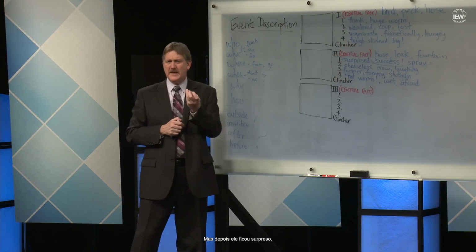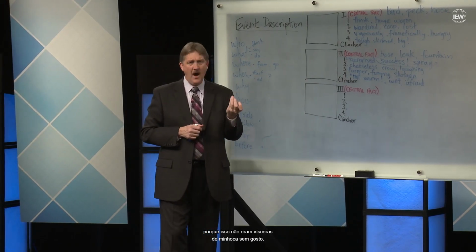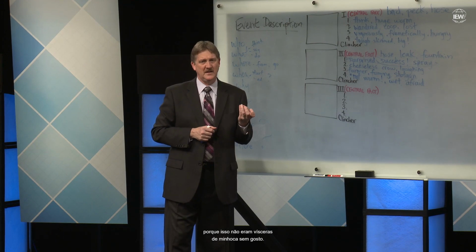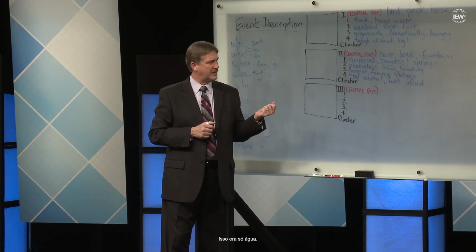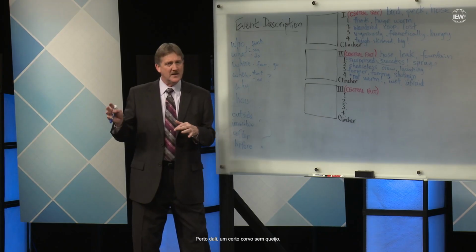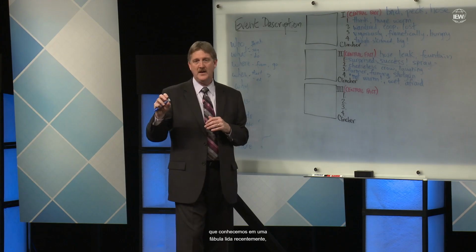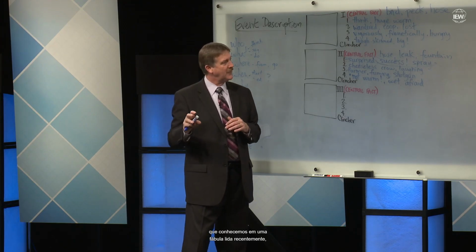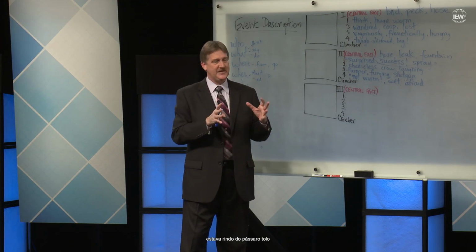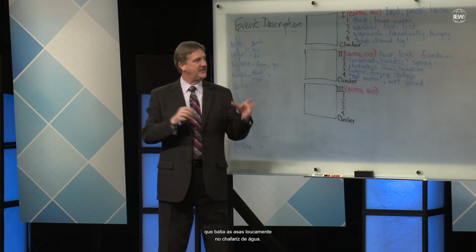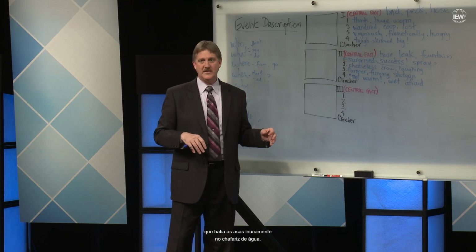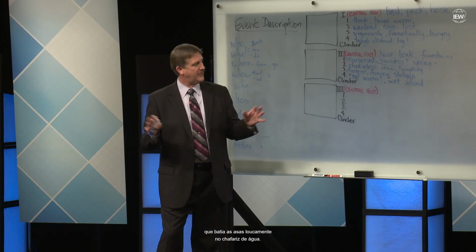But then he was surprised because this spray was not tasteless worm guts. This was just water. Nearby, a certain cheeseless crow, familiar to us from a fable recently read, was laughing at this silly bird as he flapped his wings crazily in the fountain of water.